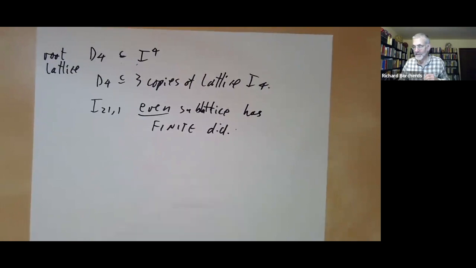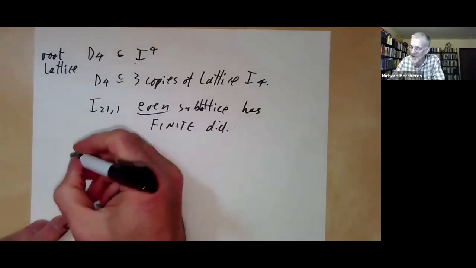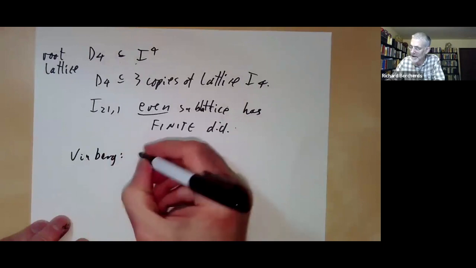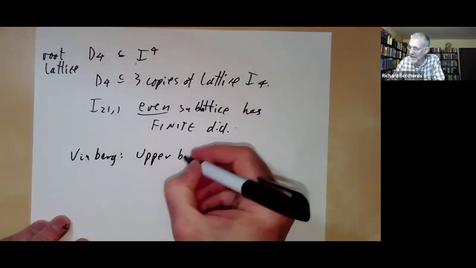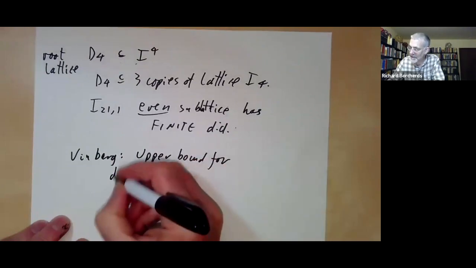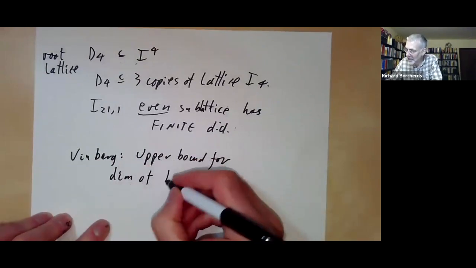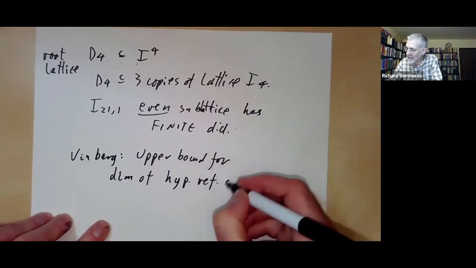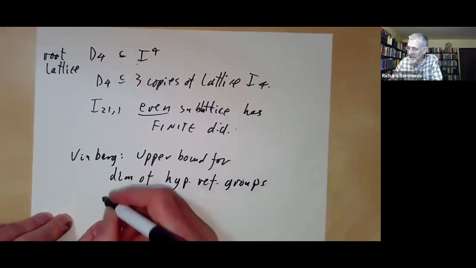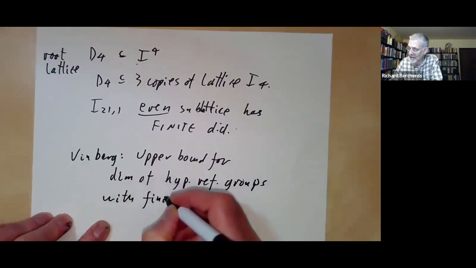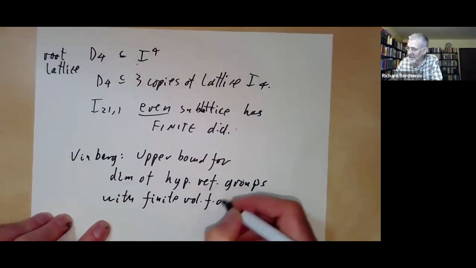One of the most surprising things about hyperbolic reflection groups is that for Euclidean and spherical reflection groups, you get reflection groups in every dimension. And you would expect the same thing to happen for hyperbolic reflection groups. But Vinberg showed there's an upper bound for the dimension of hyperbolic reflection groups with a finite volume fundamental domain.